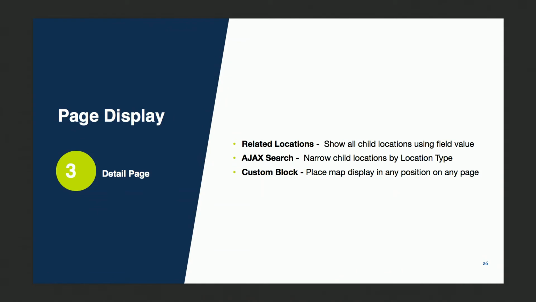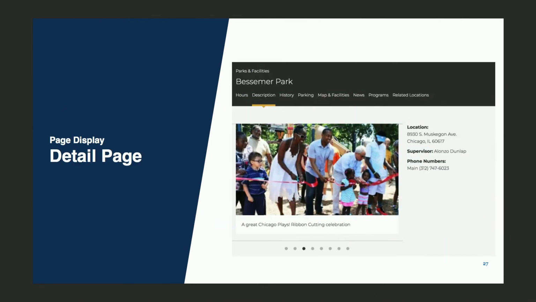Then, because the map's in a custom block, you're able to put it in any position on any page, and it makes it really easy to use. So here's one of the park detail pages for Messmer Park, and here we're displaying the address field and some of the other fields from the node in the park description.